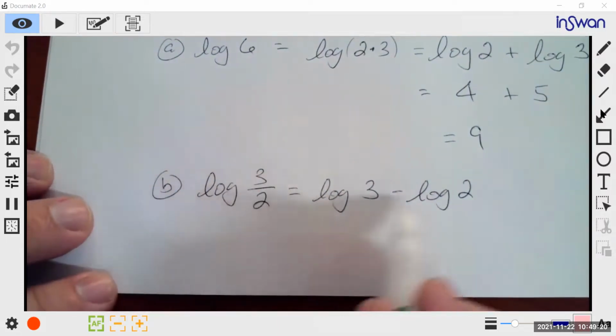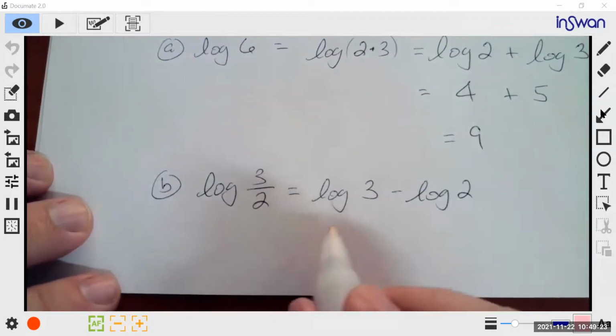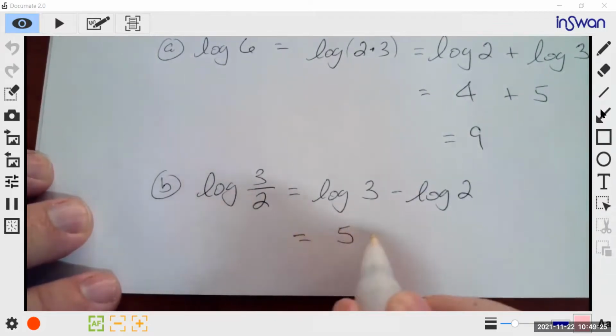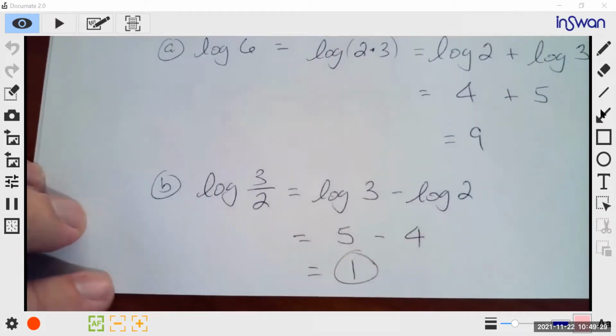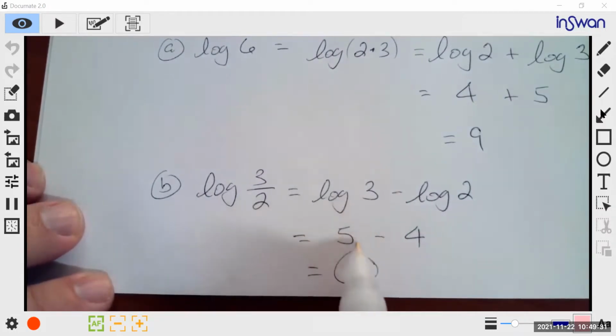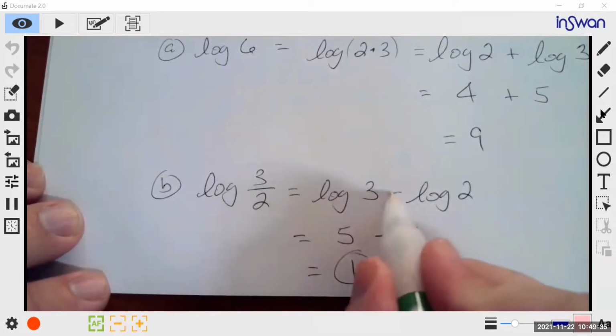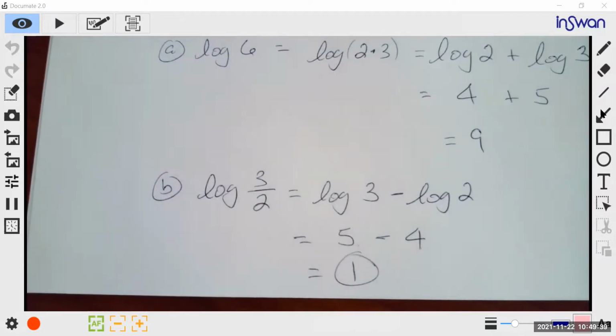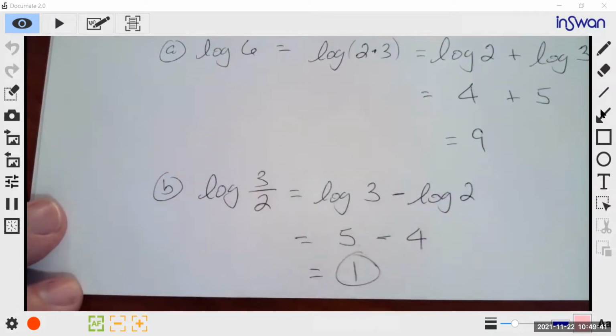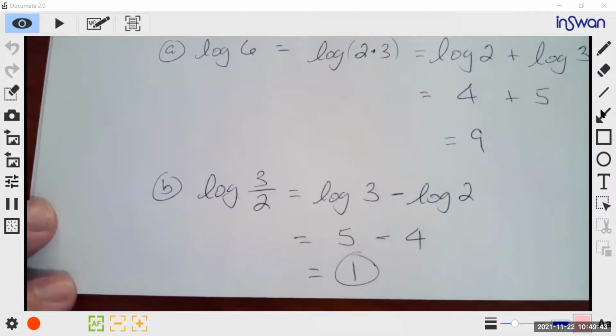The top minus the bottom. Log of 3, we said is 5. Log of 2 is 4. 5 minus 4 is 1. It's just a matter of substituting them in there. We have to break the equation down to make it doable.